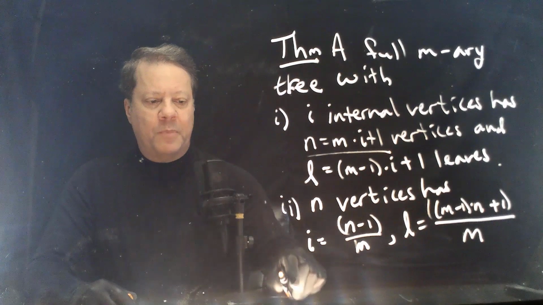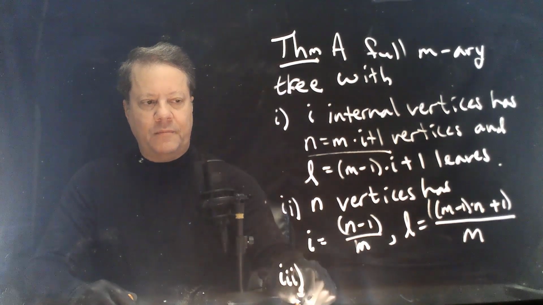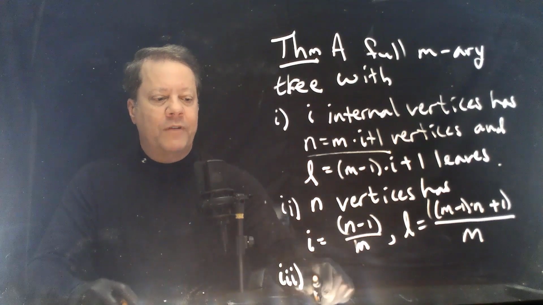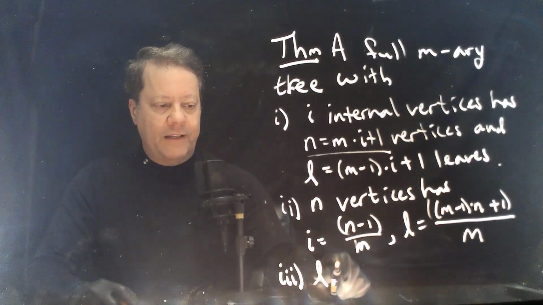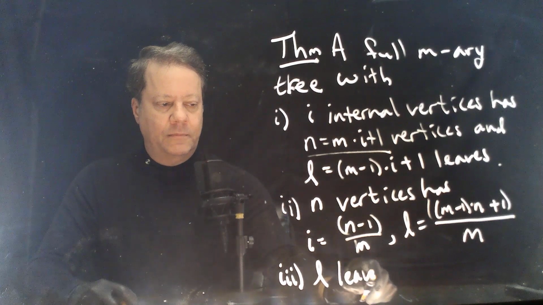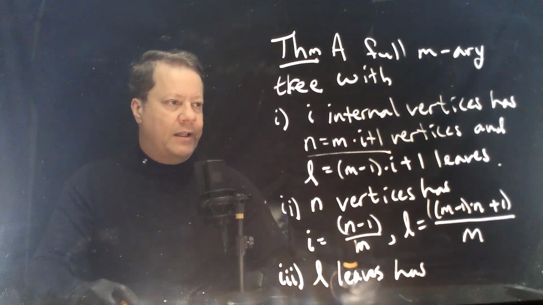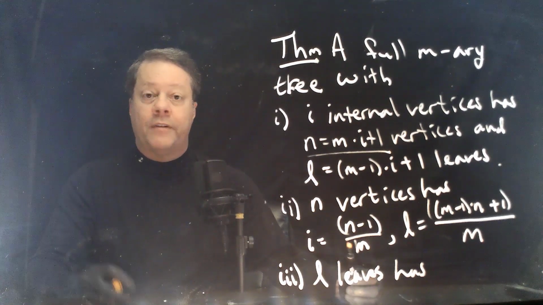There is a third part to this. Here we've given the number of internal vertices. Here we've given the total number of vertices. But what if we give you the total number of leaves? Then we need to determine the number of vertices and the number of internal vertices from that.